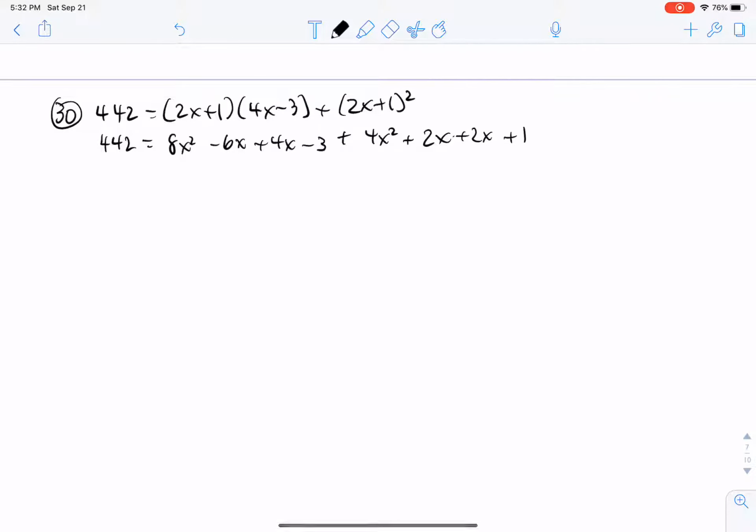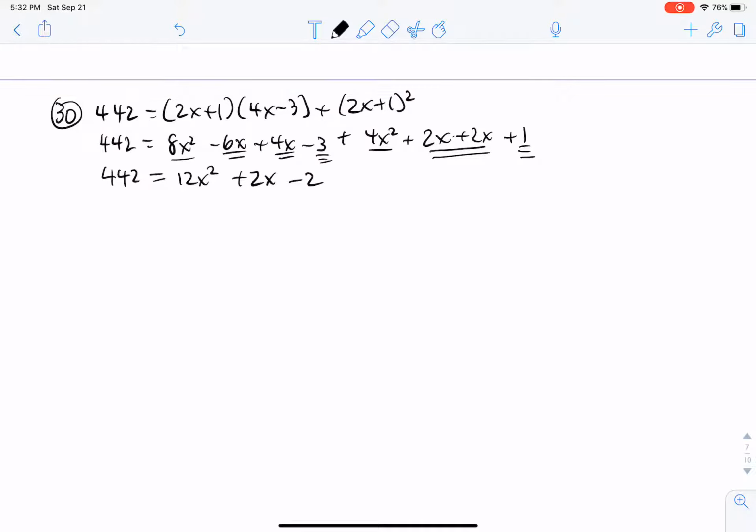Let's bring down the 442, and then our quadratic terms, we've got 8x squared and 4x squared gives us 12x squared. Negative 6x plus 4x plus these other 4x, so that's 8 minus 6, a plus 2x. And then finally, our constant negative 3 plus 1 is a minus 2.